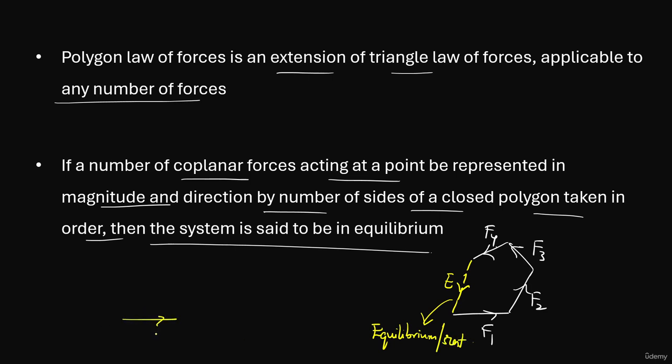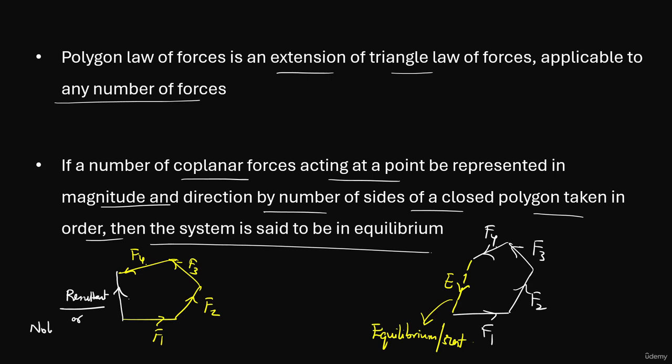In the same way, if I consider F1, F2, F3, F4, but here the direction of the final force is like this, then this is a case of resultant. But here we cannot claim that the body is in equilibrium or the point is in equilibrium. We cannot make such a statement.